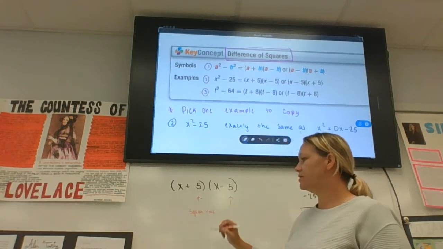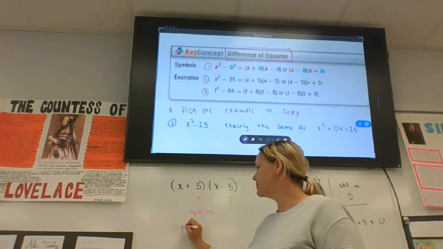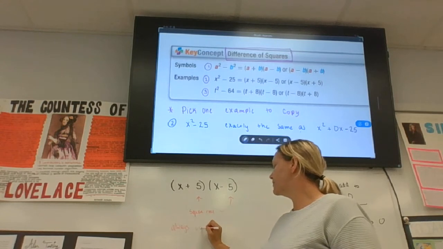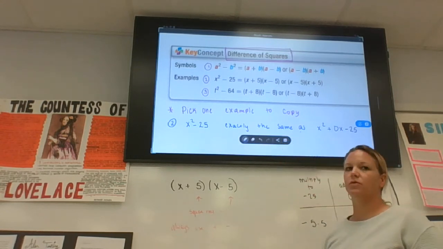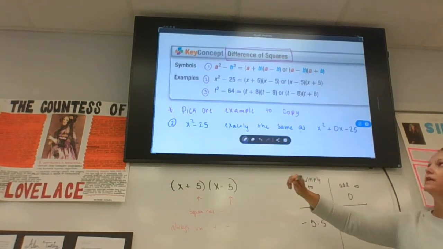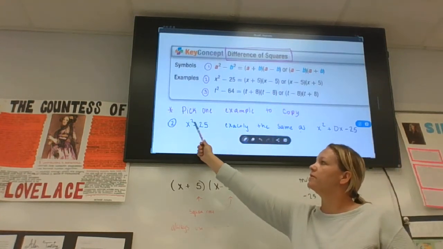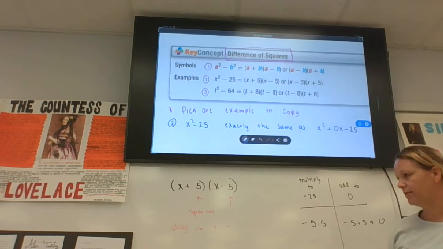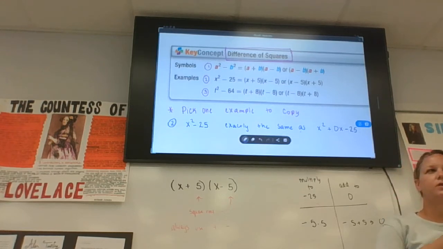And always use a plus and minus sign, because those two opposite signs are what makes the middle 0. And this is just for a difference of two perfect squares. It's a pattern that you can memorize, and it's really quick. You really don't even have to use the table. You just think, oh, square root of 25 is 5.